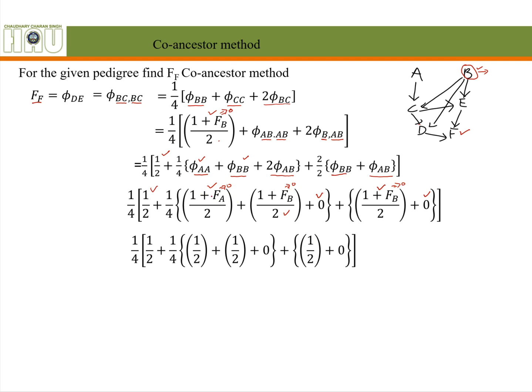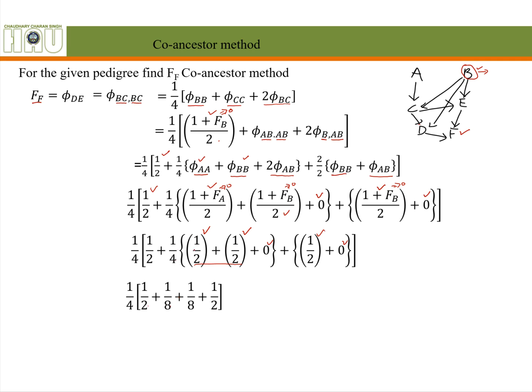So I am just substituting this: this becomes 1 by 2, this is again 1 by 2 plus 0, plus 1 by 2 plus 0. And if I simplify it, this gives me 1 by 2 plus 1 by 4 into 1 by 2, which is 1 by 8. I just multiply all these things.